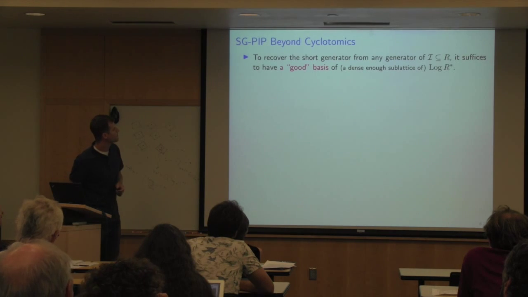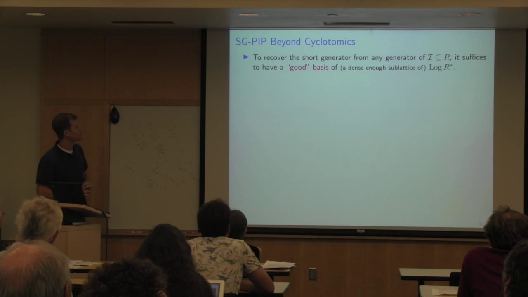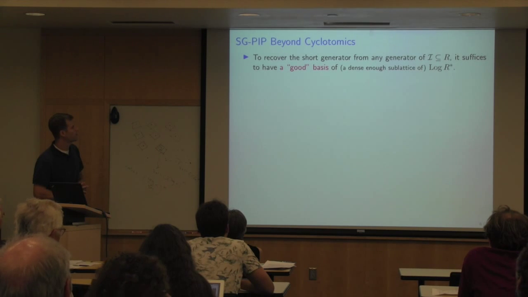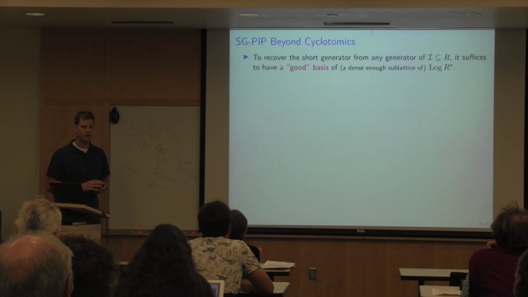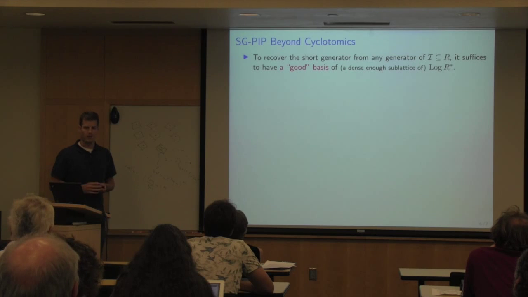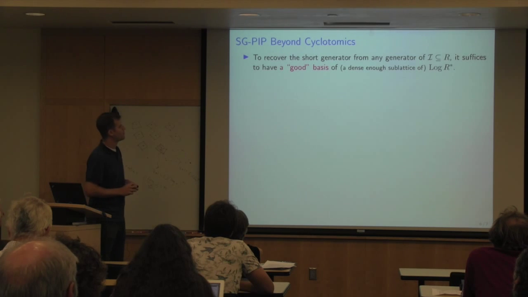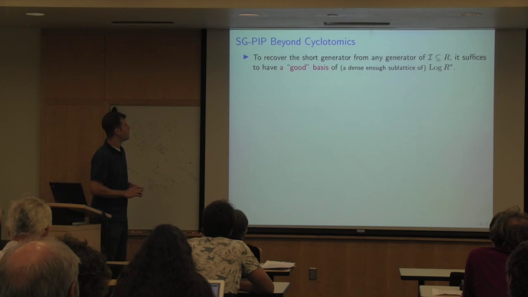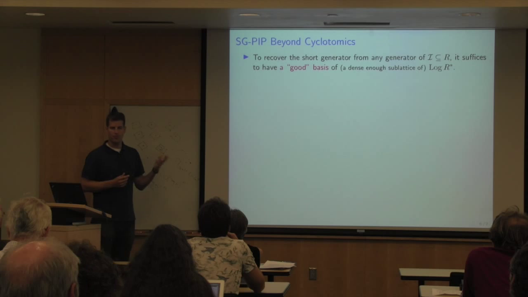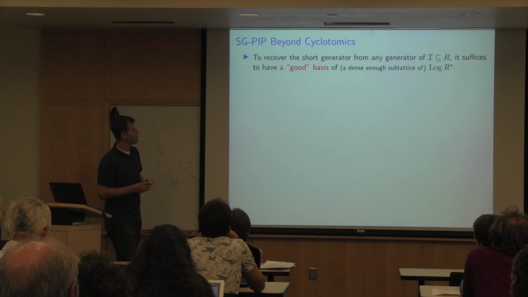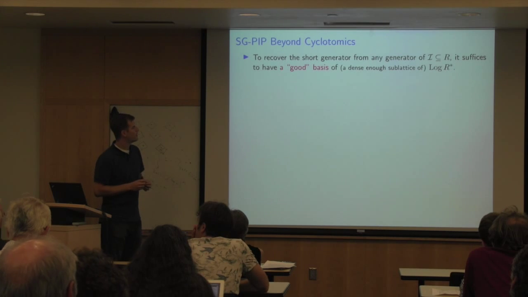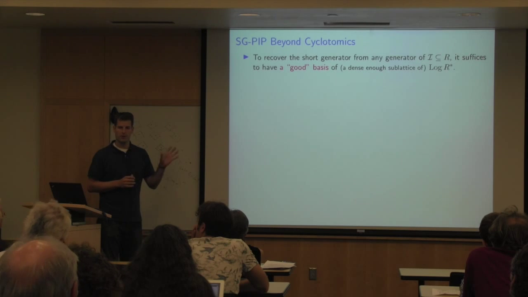I hope. Okay, so let's go to some of the questions that came up toward the end, which is, back to this short generator of a principal ideal problem beyond cyclotomic number fields. If you recall the high-level strategy of the algorithm that we saw, to recover a promised short generator, so we know a short generator exists, from any generator of the ideal I, it suffices to have some good enough basis of the log unit lattice, log R star.